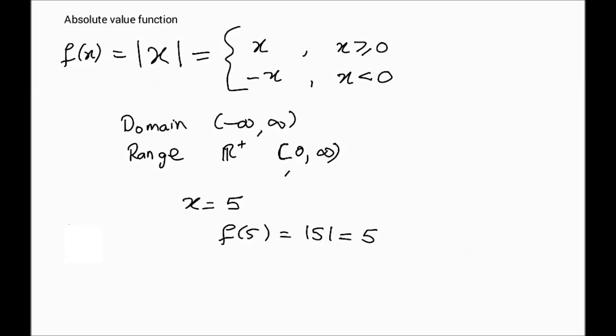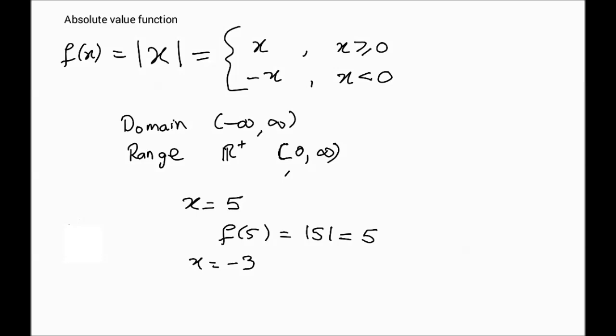Let's try another example. What about x equals minus 3? Is it going to be on this level or on this level? First, let's analyze the value of x. We have an x value that is minus 3, which is of course less than 0. If it's less than 0, it means this one, so we will use this part of the definition. It's going to be minus x.